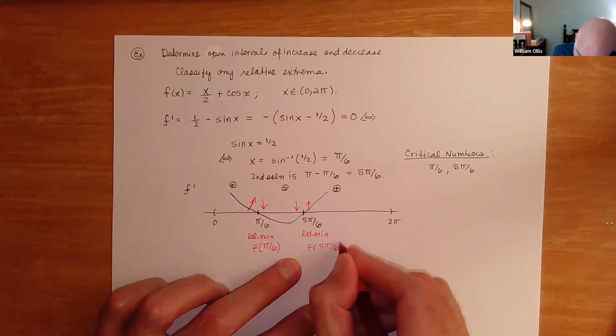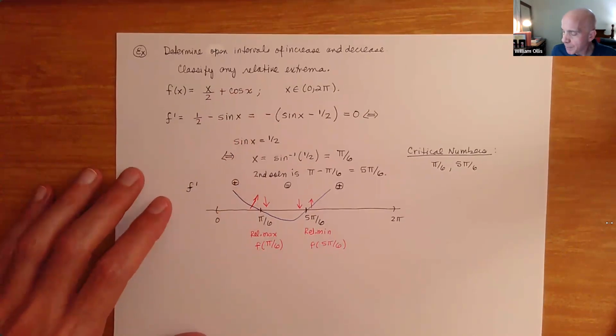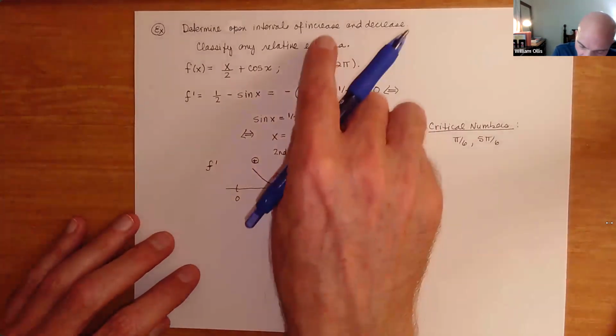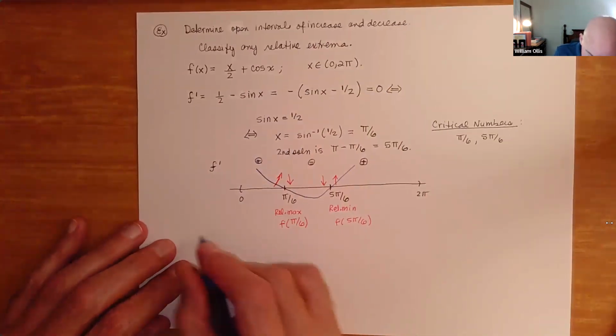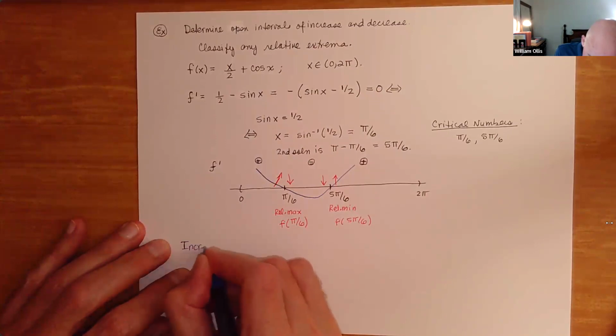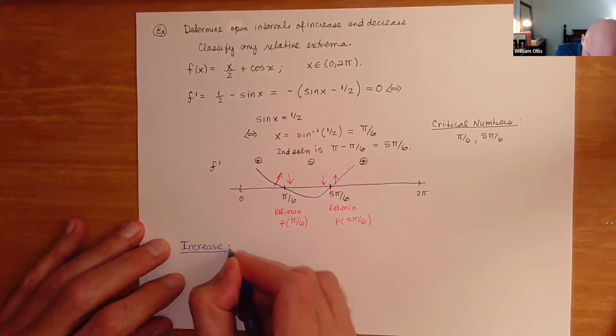So basically, we've answered the question here with this number line, but we want to be a little bit more succinct. So now let's go ahead and write down the open intervals of increase. So we'll say increase, again, in the context of open intervals.